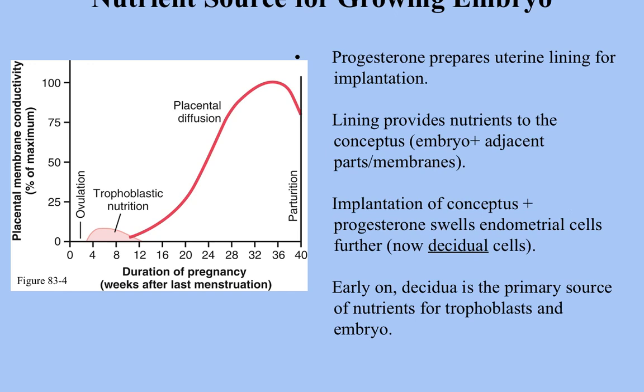So remember, it's progesterone that prepares the uterine lining for implantation because it makes things more vascular and more glandular. And where do all your nutrients typically come from? Vascularization. So initially, those trophoblasts will draw nutrients from surrounding cells within the endometrial wall.